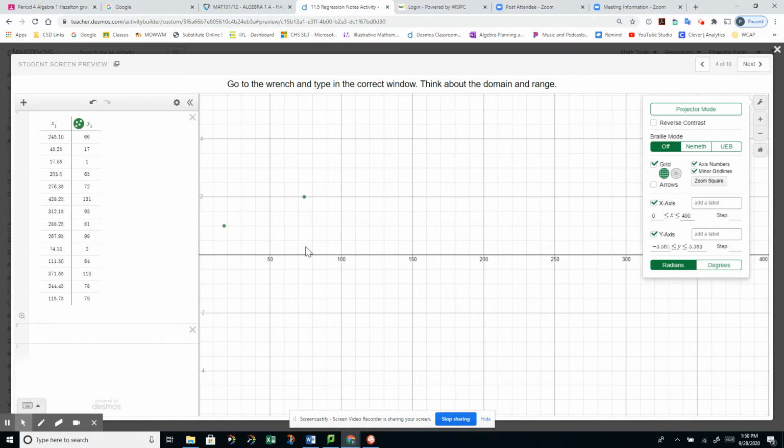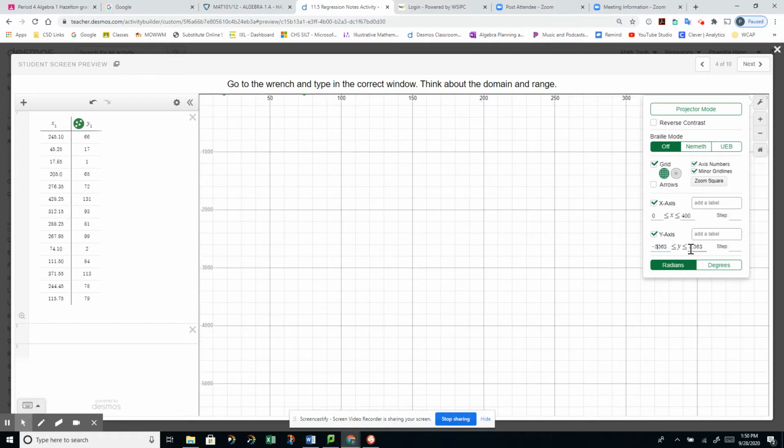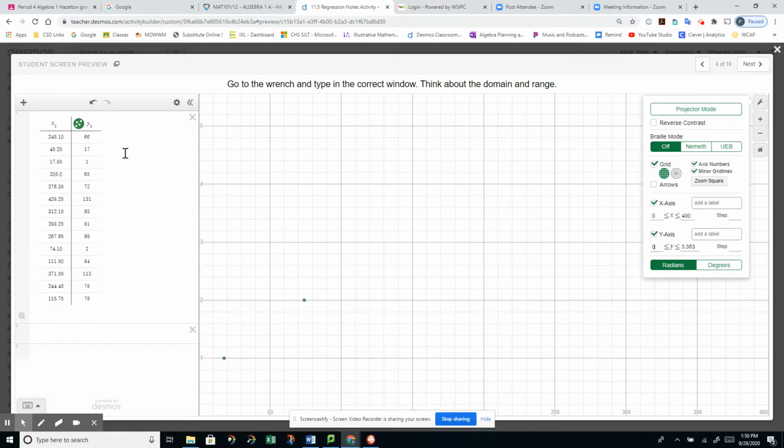And then my y value, I don't have any negatives. I don't have any negative visits to the nurse. So I'm going to change this to be 0, 0 visits to the nurse. And then the highest number of visits, when I look, is 131. So I'm just going to round that up just a little bit more to be a nicer number.